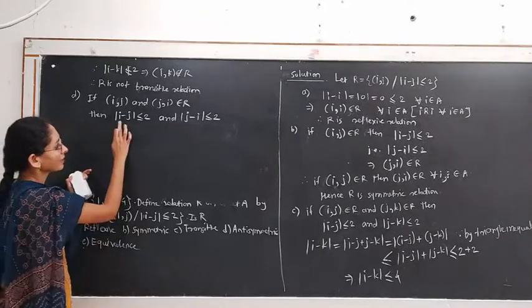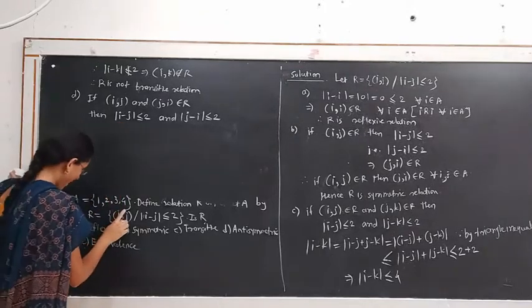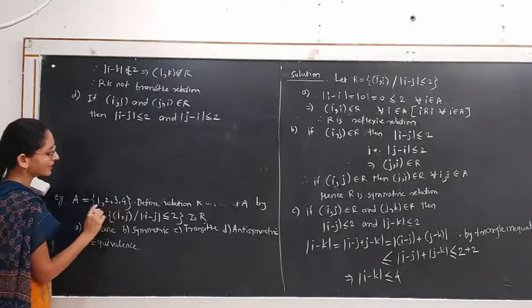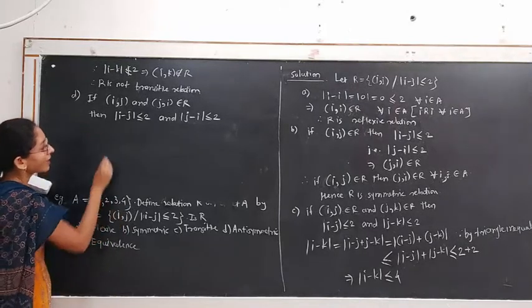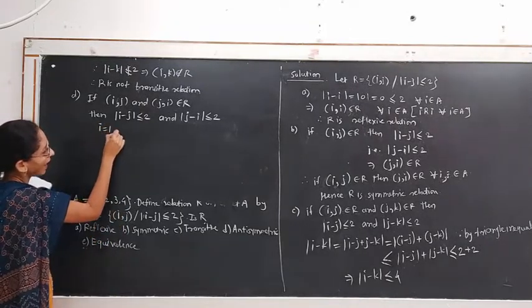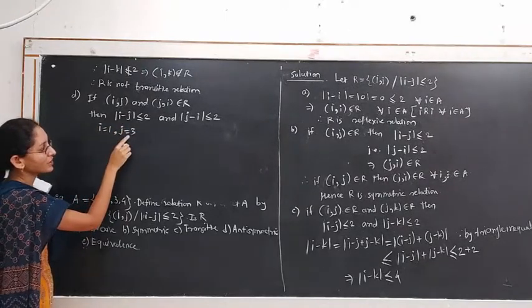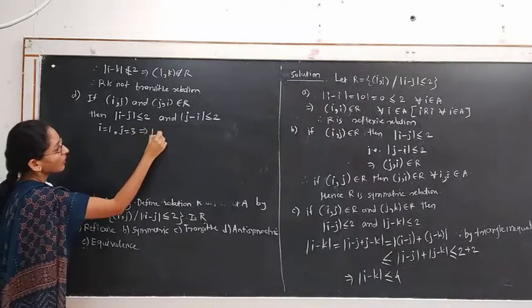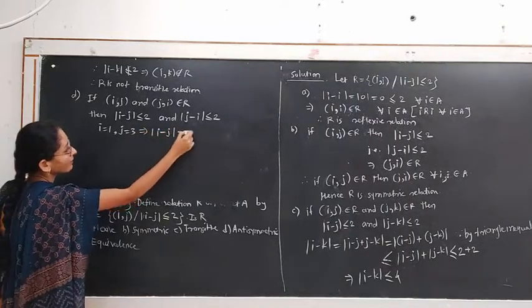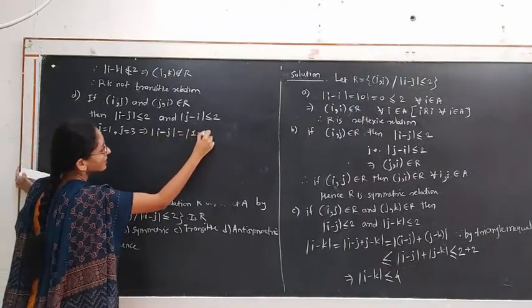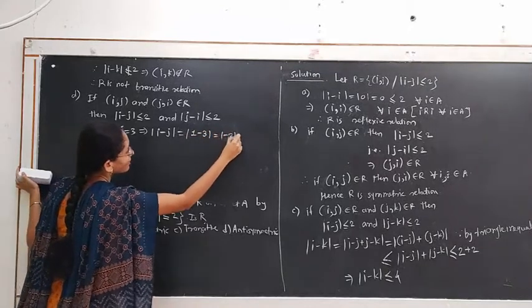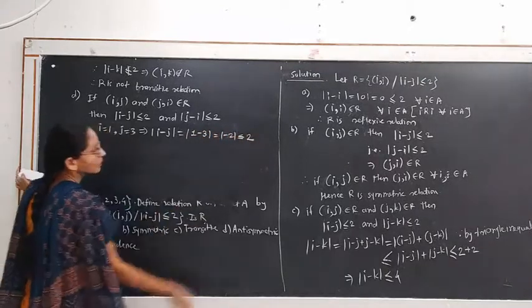Since if we take two elements i and j from this set A, suppose i is equal to 1 and j is equal to 3, then mod of i minus j is equal to mod of 1 minus 3, which is equal to mod of minus 2, which is less than or equal to 2.